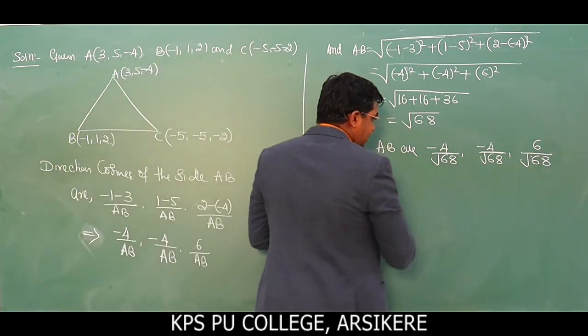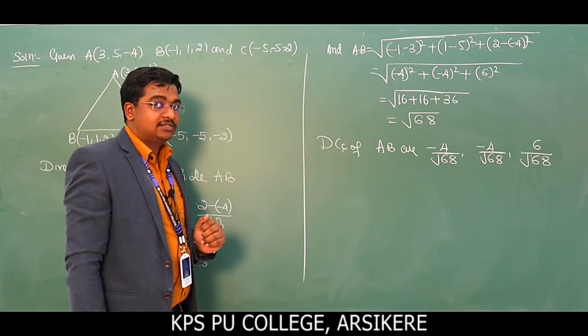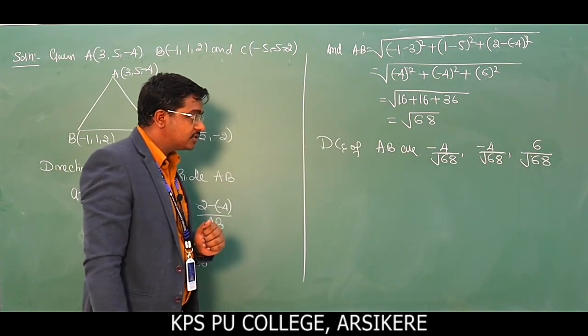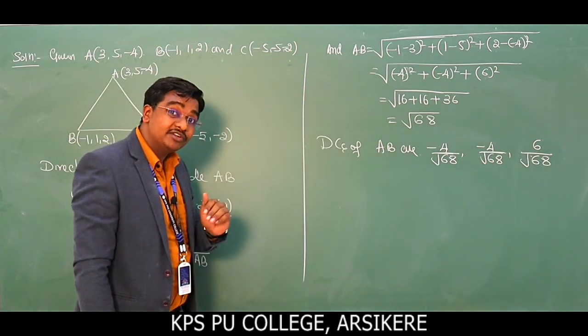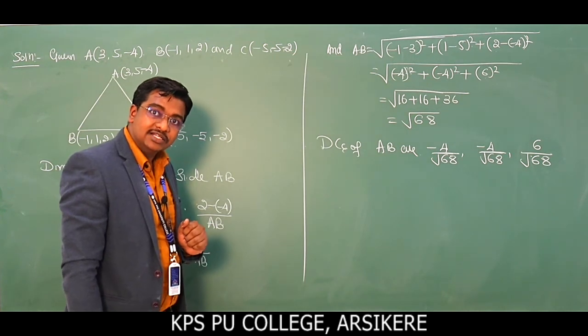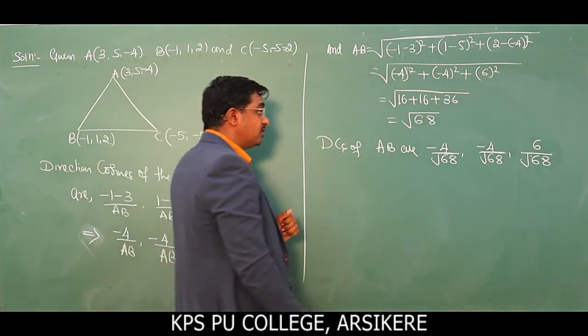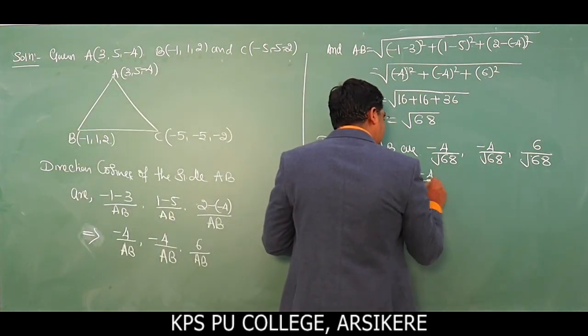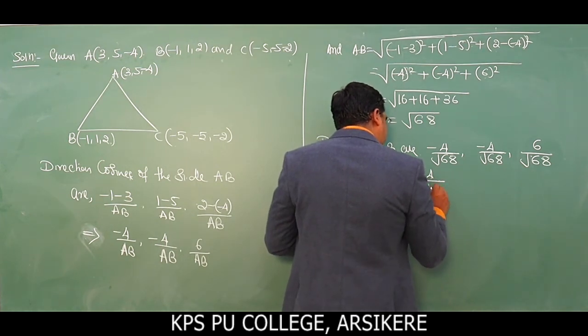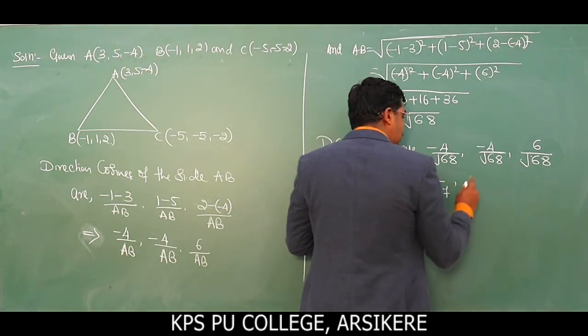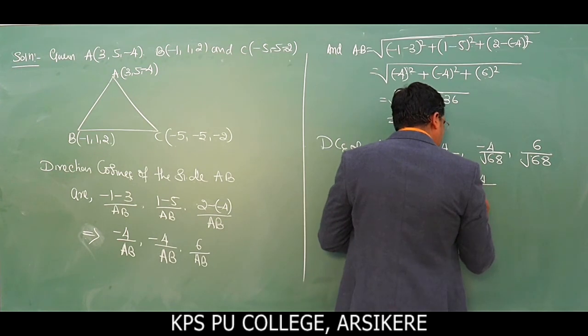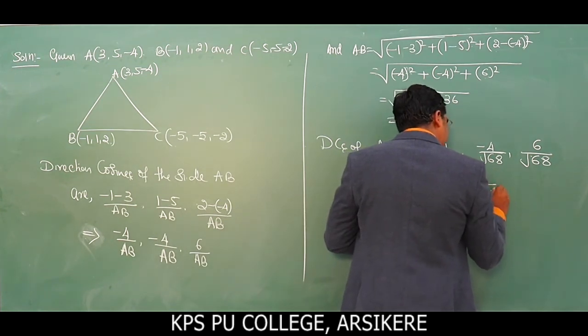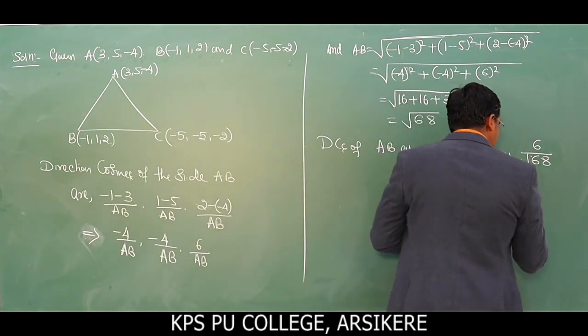So root 68, this can be written as, just observe, 17 fours make 68. So this can be written as minus 4 divided by root of 4 into 17, comma, minus 4 divided by root of 4 into 17, comma, 6 divided by root of 4 into 17.